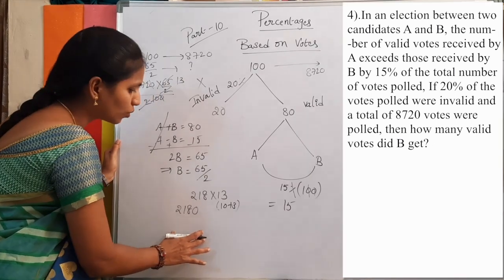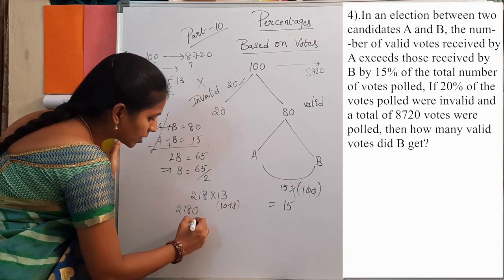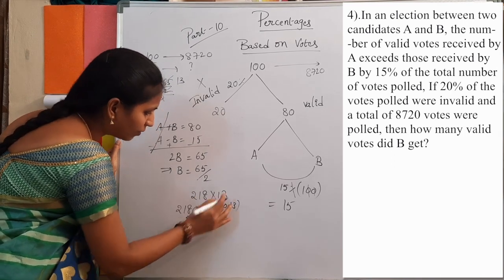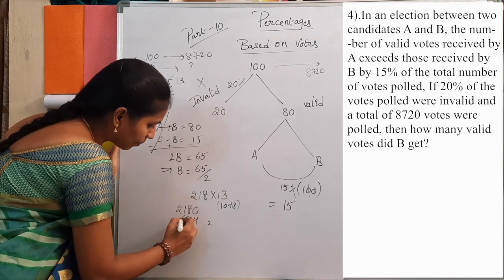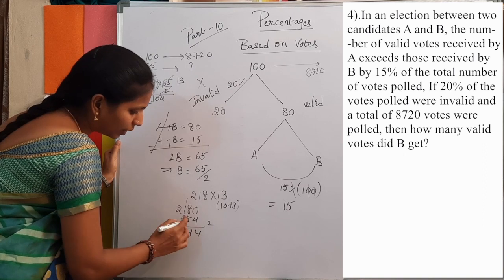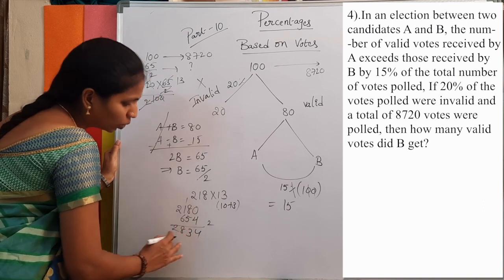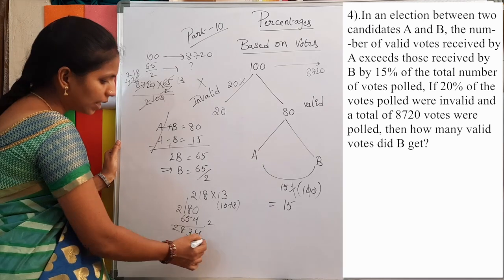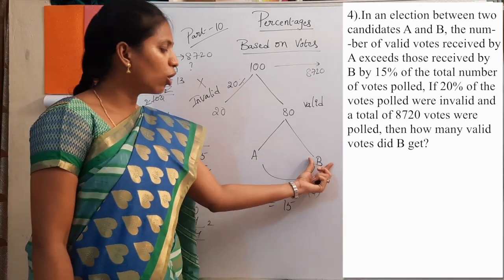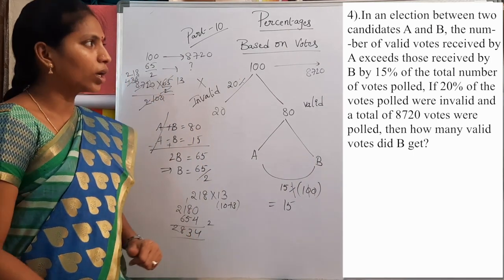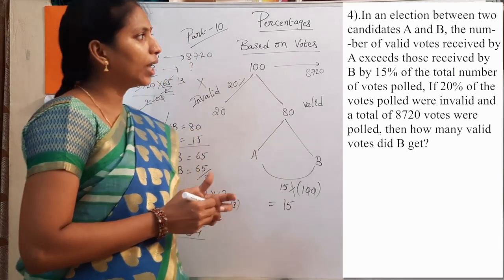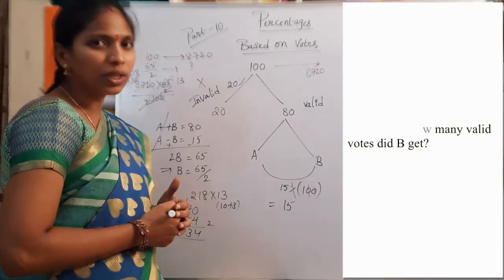Then add those two. 8 3s are 24, 2 carry forward. 3 plus 2, 5. 3 into 2, 6. 4, 8 plus 5, 3. 1 carry forward. 7, 8 and 2. 2834 is the answer. Okay. We got how many votes? 2834 out of 8720 votes. Okay. Now let us move to the next one.